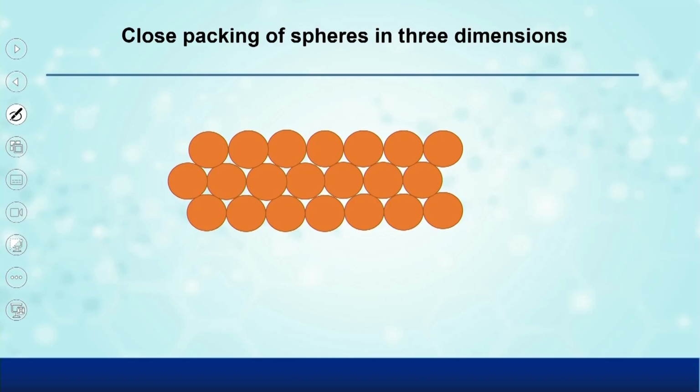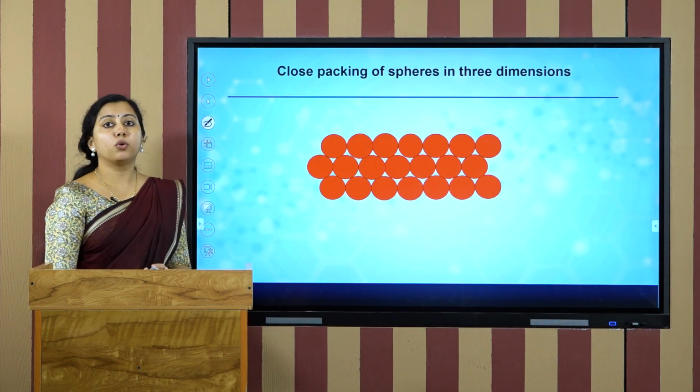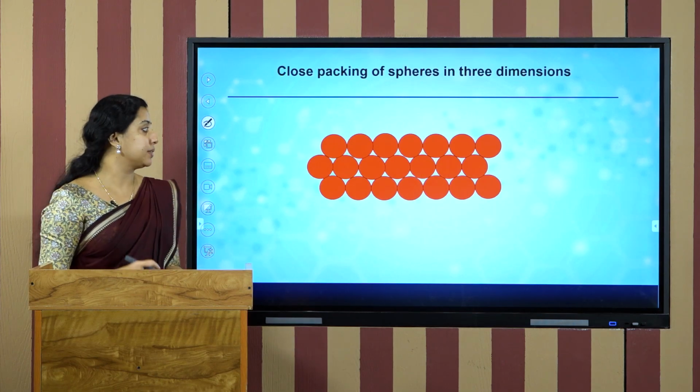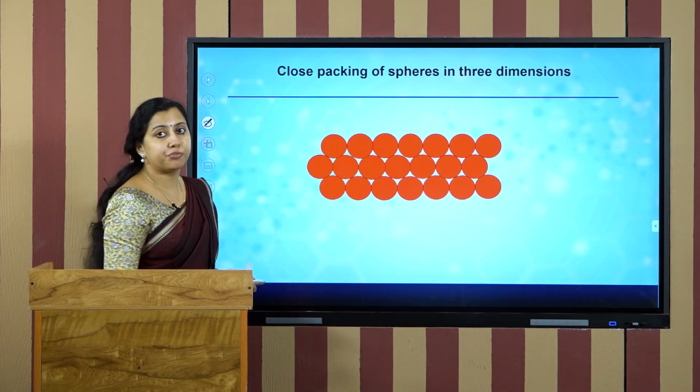So now we will move on to the close packing of spheres in 3 dimensions. So this refers to the close packing in 2 dimensions. Now 3 dimensions means we are going to add a few layers on top of this. So, this is the first layer.